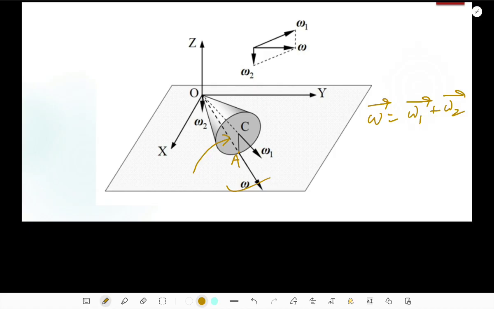Suppose that the velocity of the center can be written in terms of orbital angular velocity like omega 2 multiplied by r. R is not mentioned here. You have to wait to find R. And this can also be written in terms of total angular velocity omega multiplied by radius.